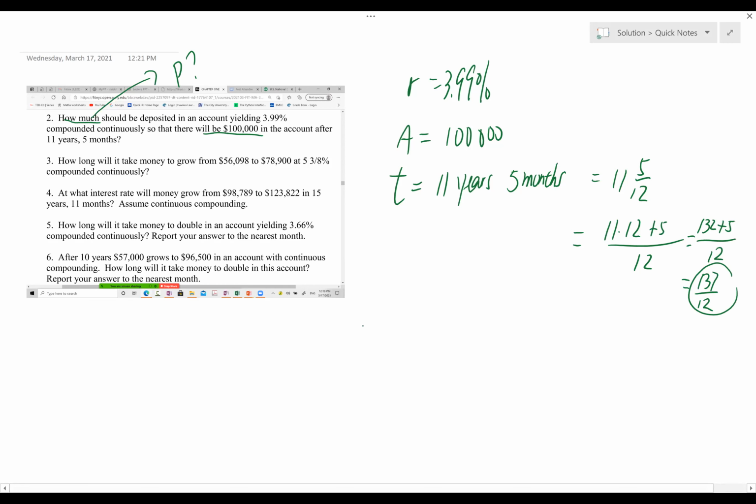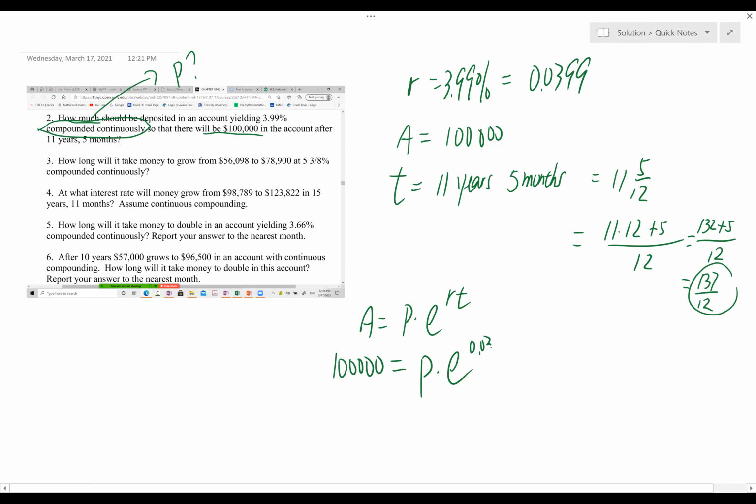So ending balance equals principal times e to the rt. And you have to check the keyword, continuous compounding. That must be present. And 100,000 equals the principal times e to the rt. r is 3.99%, which is 0.0399. So 0.0399 times 137 over 12.